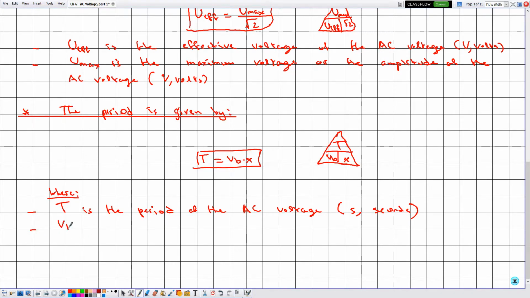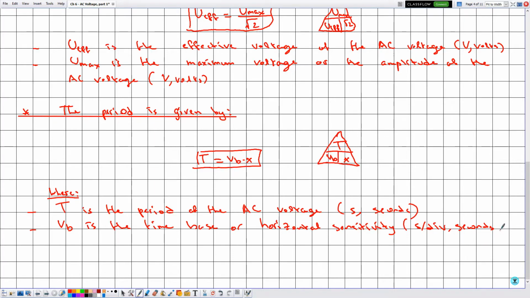VB is the time base, or also known as the horizontal sensitivity, and its SI unit is given by seconds per division.